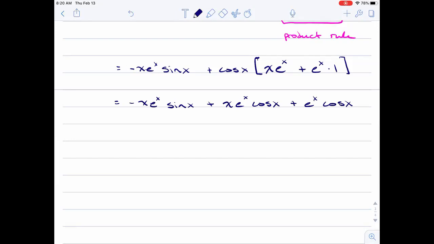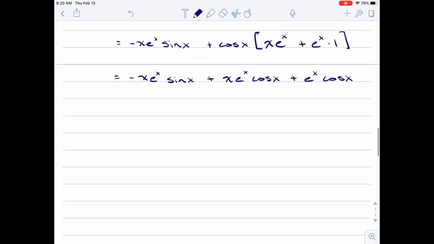If I wanted to, I could pull out the common e to the x, but I don't see anything else that I could pull out. But it might be nice. So e to the x times negative x sine x plus x cos x plus cos x. And I'm going to leave it there.